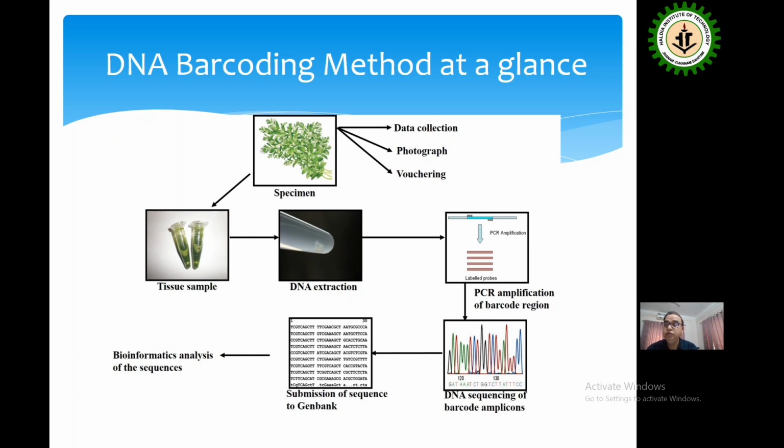Here I will specifically talk about cytochrome oxidase subunit 1. After PCR we run the PCR product on an agarose gel, and after viewing the gel we extract the PCR band and do the sequencing.